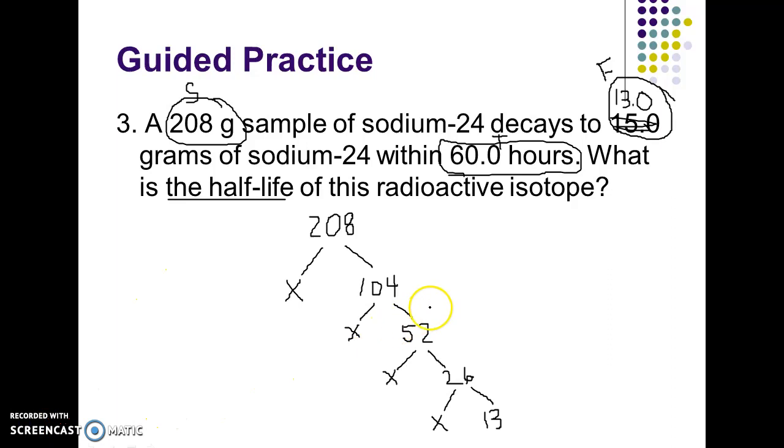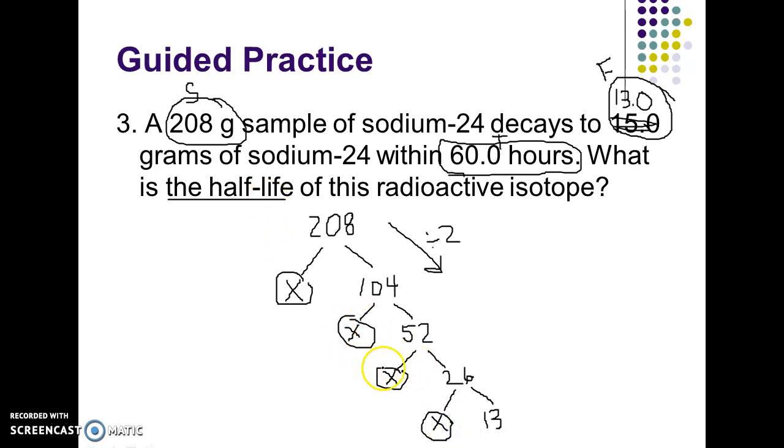So as you can see here, I've built my tree and I start with 208 grams and I divide it by 2 all the way down the tree. I divided by 2 until I got to 13 grams. In this particular question, I went through 4 half-lives. Okay, this is 4 half-lives. That is not the answer to my question.